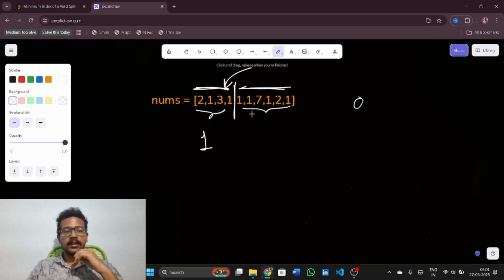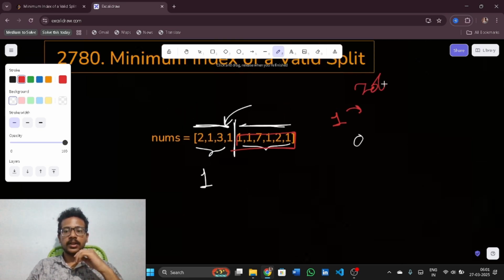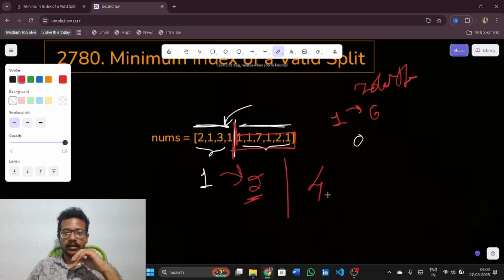Now I don't need to go through this subarray, because if I know the total frequency of 1, which is 6, and until now 1 is appearing 2 times, then before the split 1 appears 2 times, and after the split 6 minus 2 is 4.